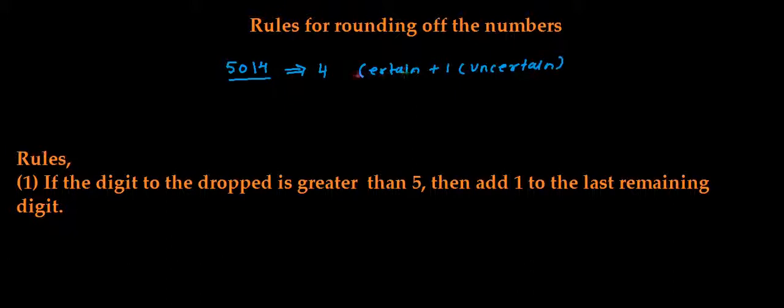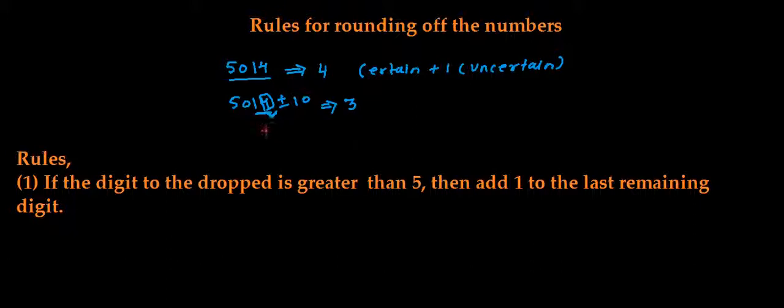But for the same number, I'm saying the uncertainty is plus or minus 10, meaning these two figures are uncertain. So the significant figure count for the same digits comes to 3, meaning this last one is not considered a significant figure.